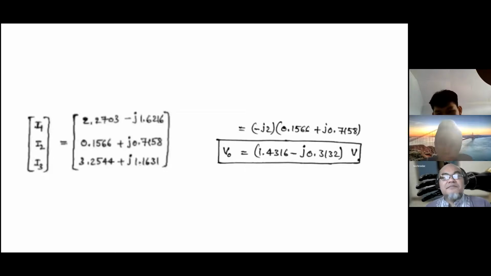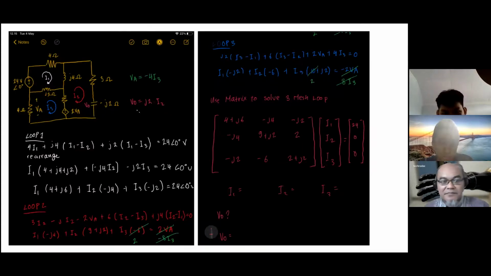After putting in the matrix, we can use the Octave solver or MATLAB solver to get the currents I1, I2 and I3. Because V0 is in the second loop, we are just looking for I2, and V0 equals j2 times I2.